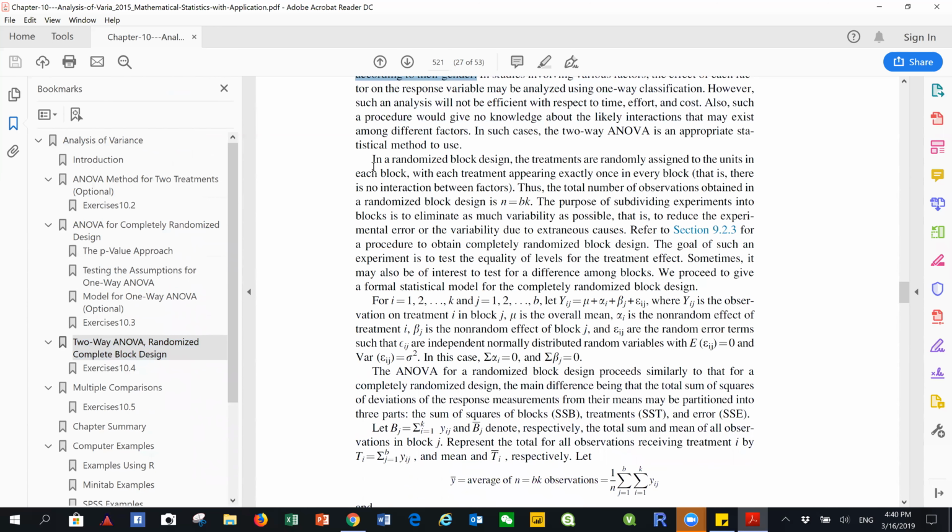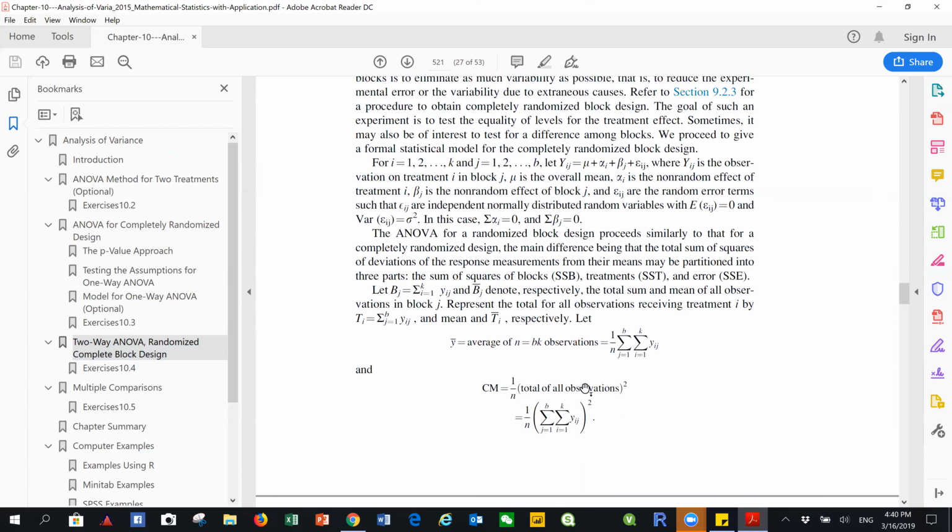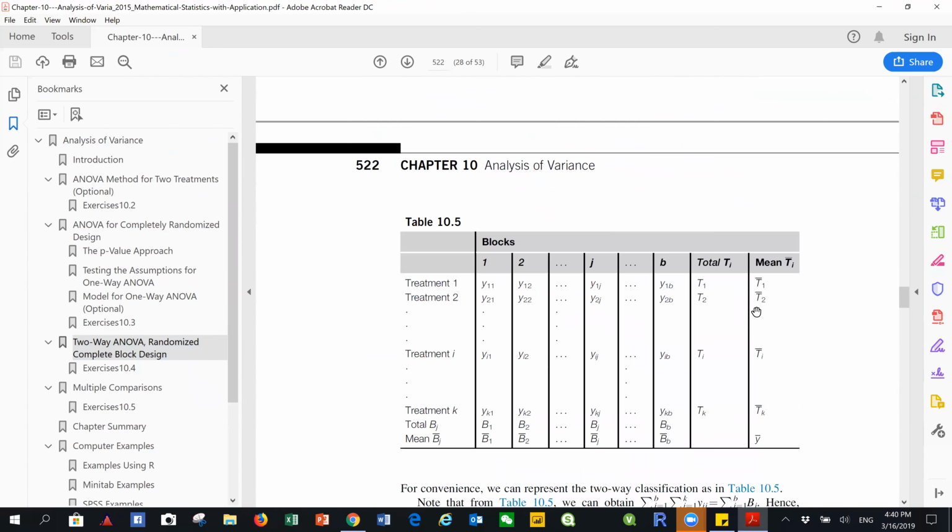So this is a little bit of background, and of course the formulation will be a little bit more complicated, but if you follow the same rationale, you will be able to follow. So you have blocks and then you have treatments.